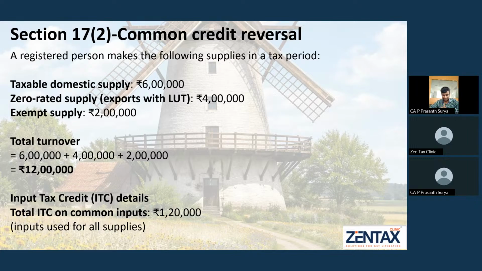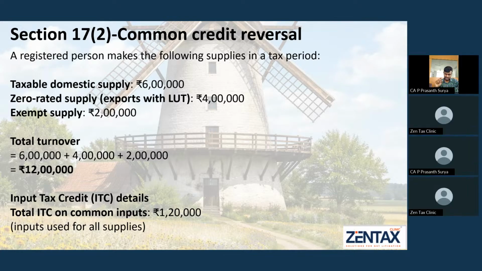With the LUT means I have given a specific clause with the LUT, because with the LUT we will not pay any tax. Even then it will not be considered as exempt supply. So for that, including that scenario, I have given specifically exports with the LUT. For whatever exports it may be, with payment of tax or with LUT, it will not form part of exempted supply at all.